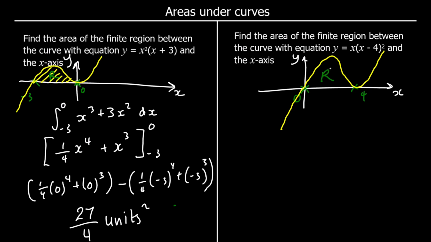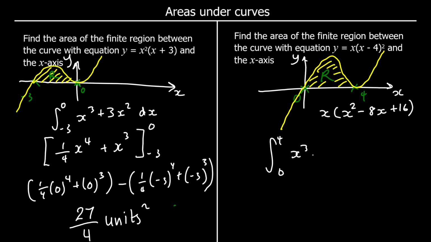So our region is the bit that's enclosed, between 4 and 0. So we're integrating between 4 and 0, and it's x times x minus 4 squared. So x times x squared minus 8x plus 16.